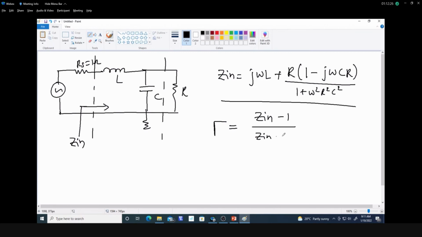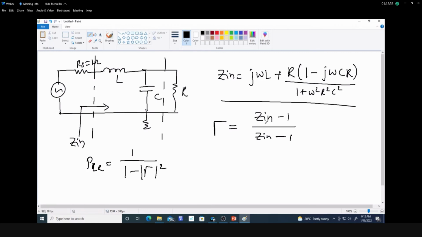So this PLR ratio, or power loss ratio, in terms of gamma also we can express. We already know that it is 1 over 1 minus the magnitude of gamma square.